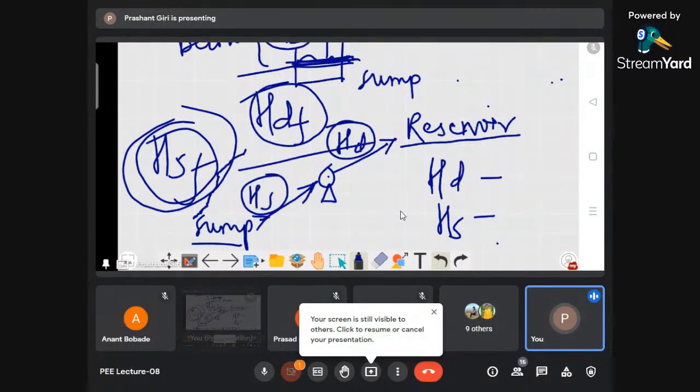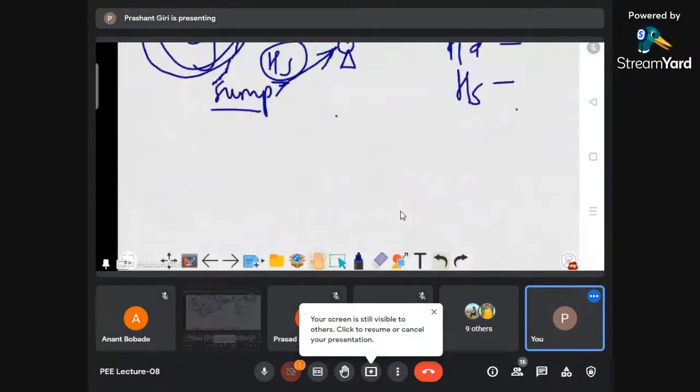So there is a total dynamic head involved, and it is the difference between the discharge head and the suction head. So we are having another term which will decide the fate of the pump, or the choice of the pump, is the dynamic head. Total dynamic head.